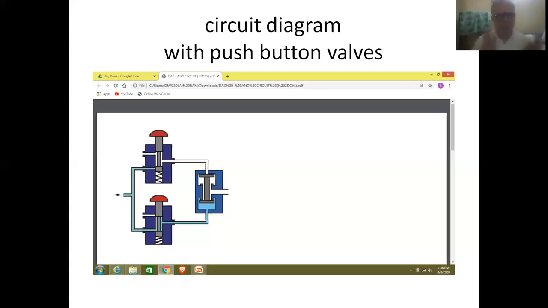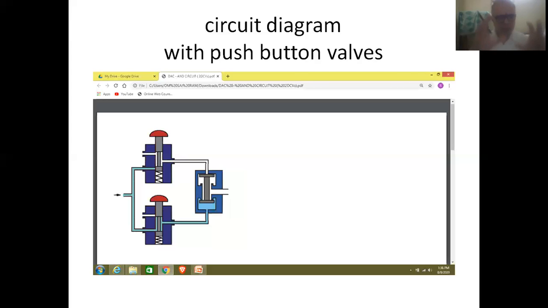Similarly, in this case also, in the first position, the inlet will be in contact with the outlet, and in the second position, the outlet will be in contact with the exhaust port. Both valves are provided with a total of three ports: one inlet port, one outlet port, and one exhaust port. Therefore they are referred to as three-way valves. And a push button is used for operating the valve element of both these valves, so that's why they are referred to as push button valves.